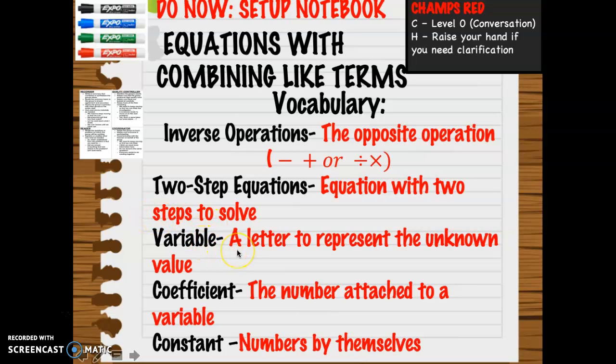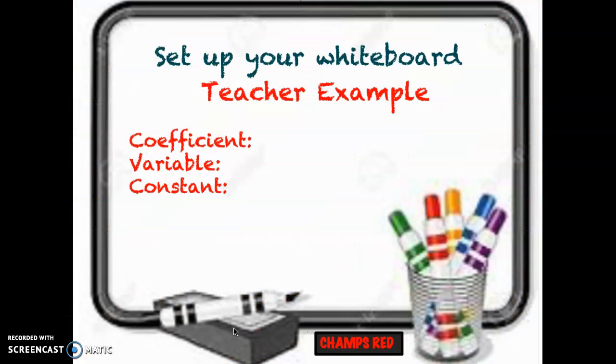A variable is just a letter to represent the unknown. You're used to x, but you'll see multiple letters in this unit. Coefficient, this is huge, is the number attached to the variable. So if it says 3x, 4x, and so on, then you know the 4 attached to the x would be your coefficient. And the constants are your numbers by themselves.